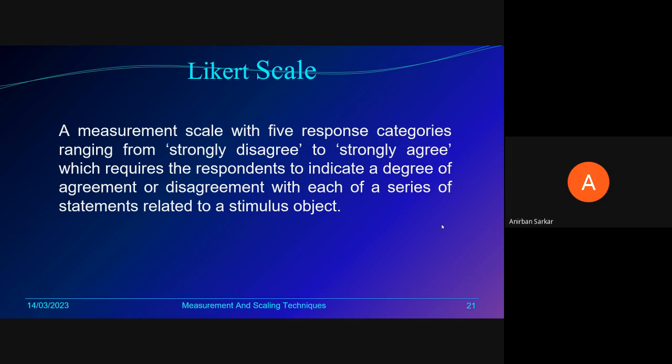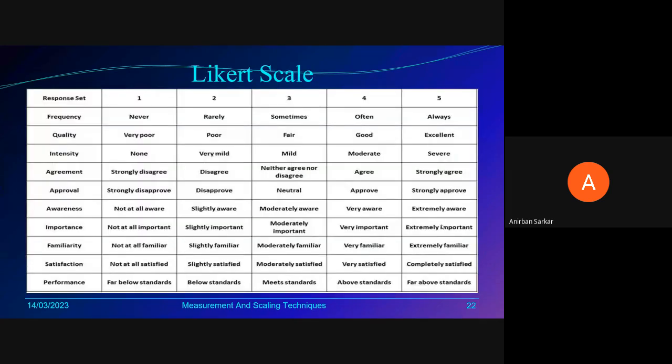Already we have used that Likert 5-point rating scale in order to make you understand the true origin concept. So here, if you think of frequency, you may put it like 1 as never, 2 as rarely, 3 as sometimes, 4 as often, 5 as always.